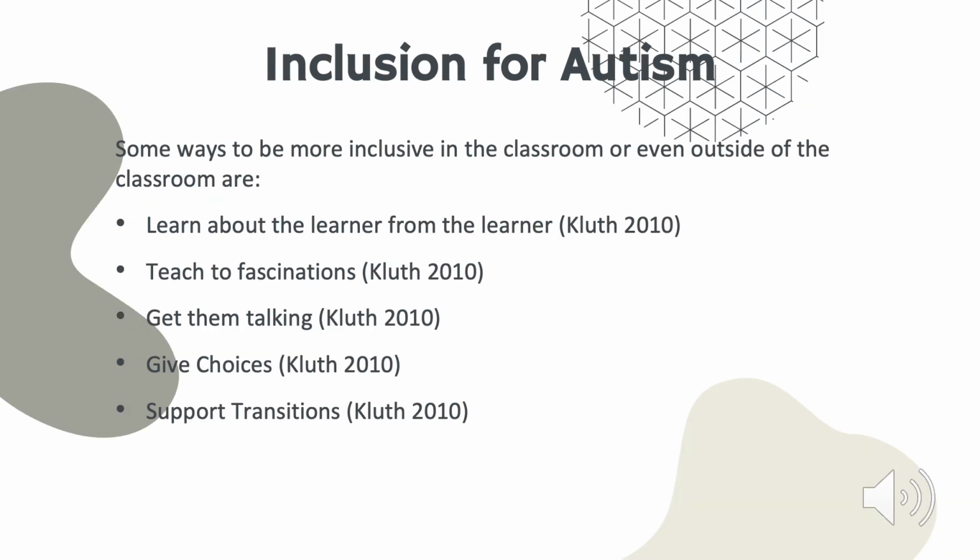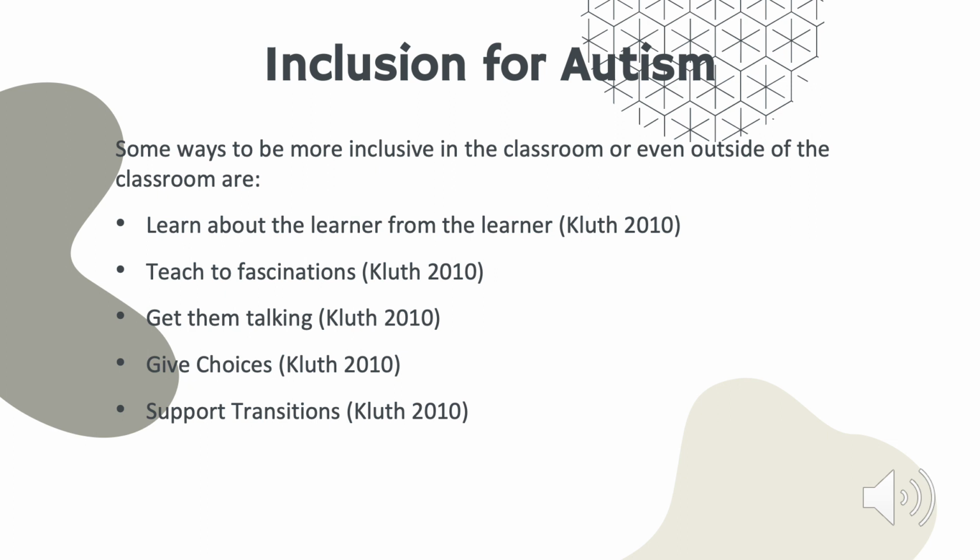So this is about inclusion for autism. Some ways to be more inclusive in the classroom or even outside of the classroom are: Learn about the learner from the learner, which gives the educator, or anyone who knows the learner, the opportunity to know the needs of the person, which makes things easier. The next one is to teach through fascinations, which means allowing individuals to be fascinated about new things and experiences.